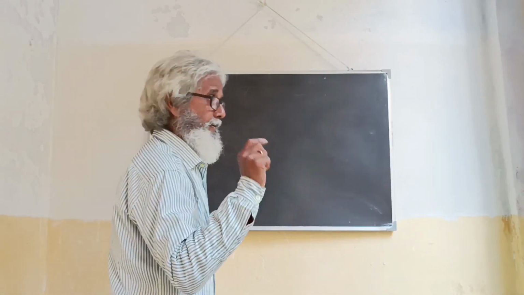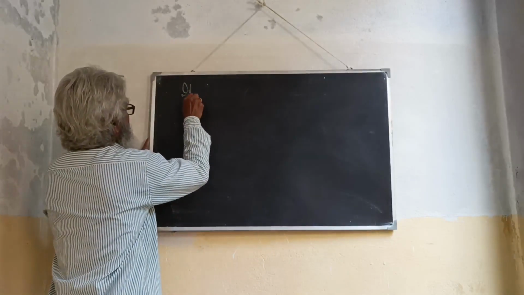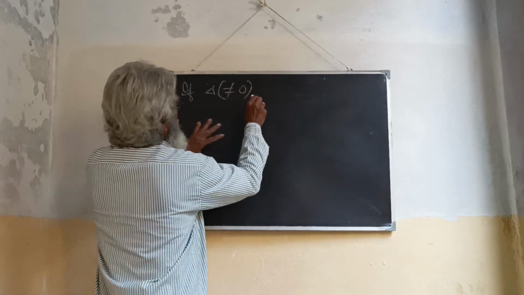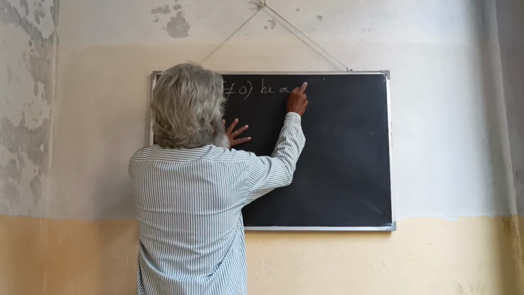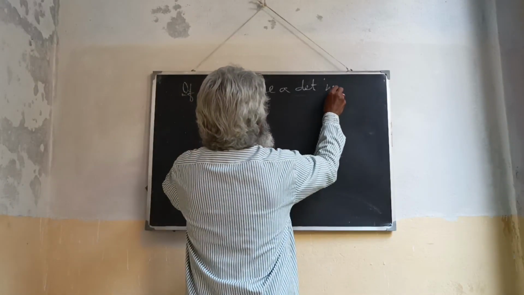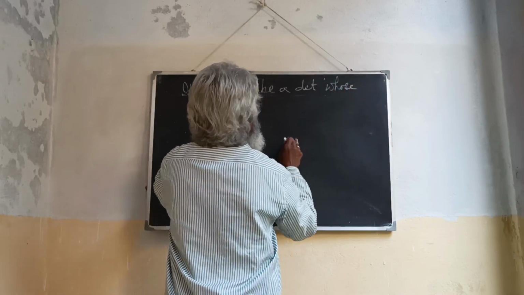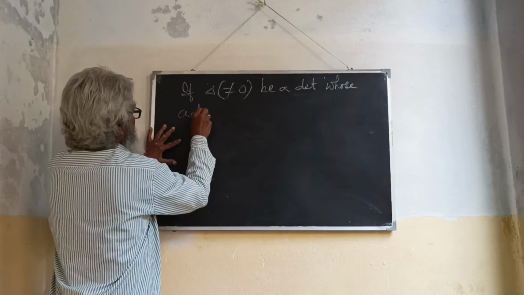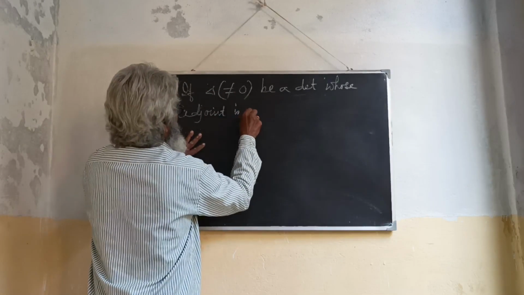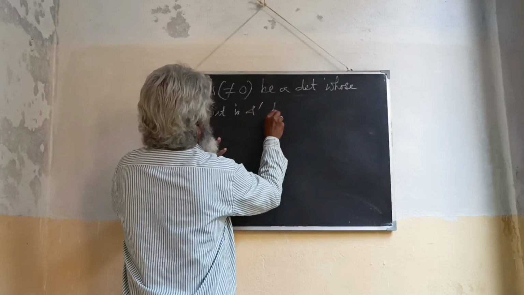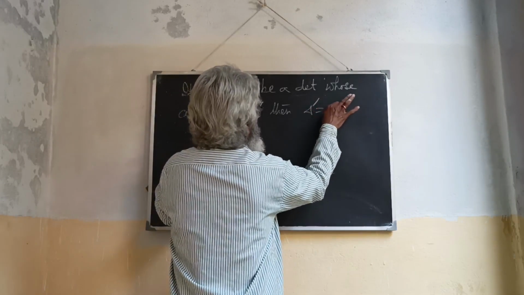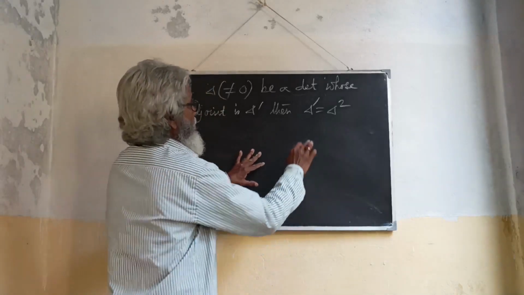The property is that if delta not equal to 0 be a determinant whose adjoint is delta dash, then delta dash equal to delta square.